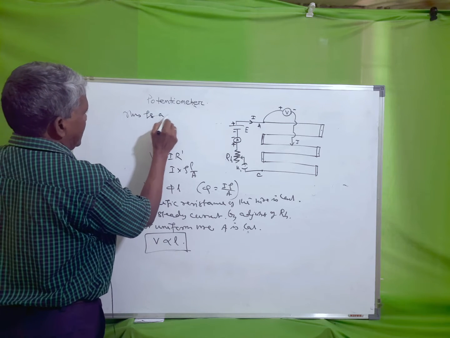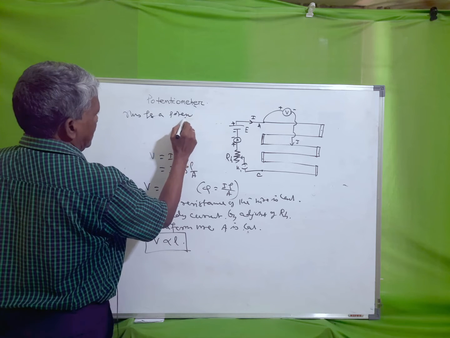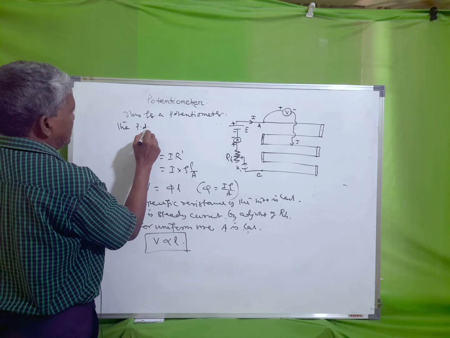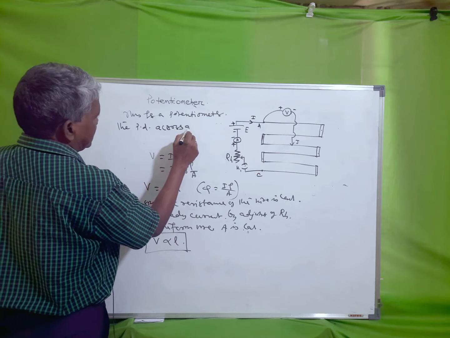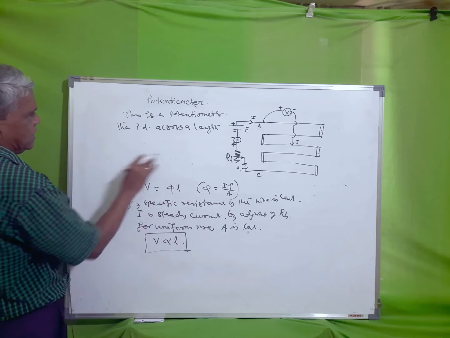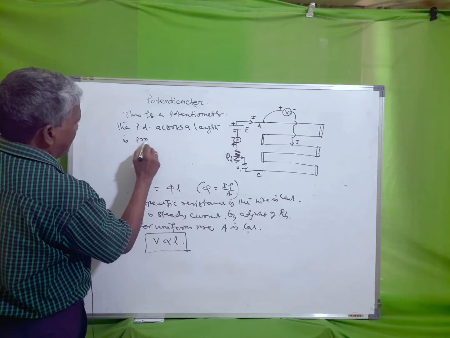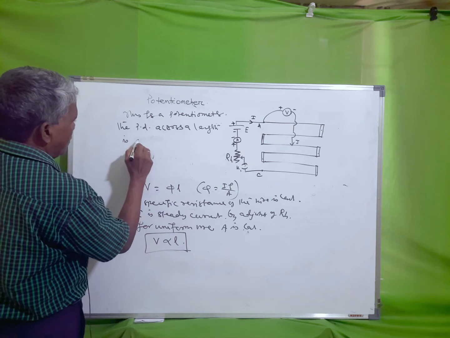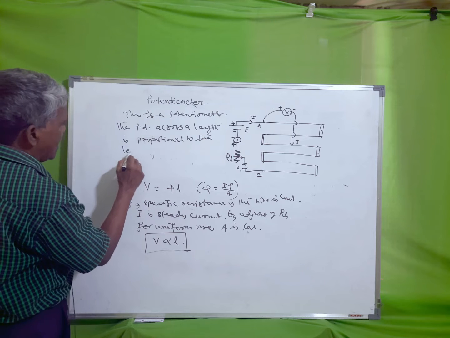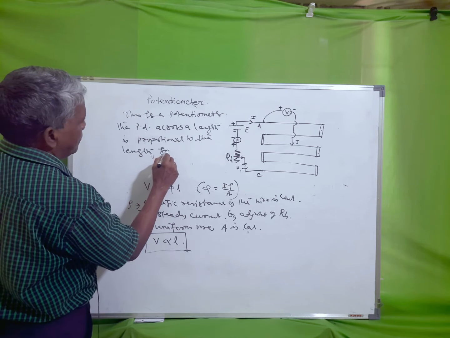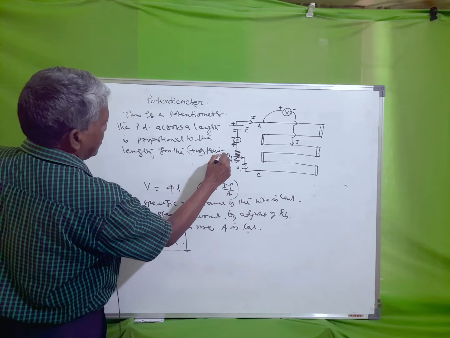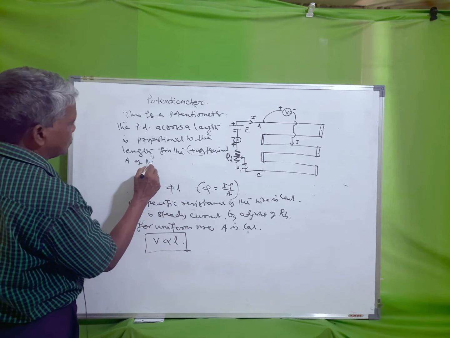Thus, for a potentiometer, the potential difference across a length is proportional to the length from the positive terminal A of the source.